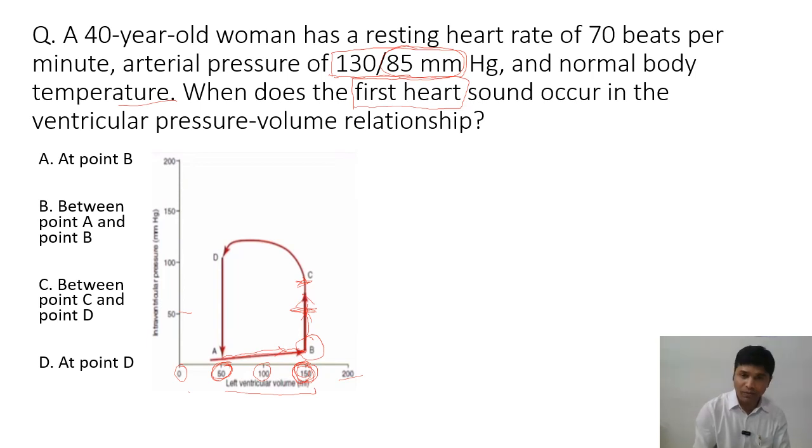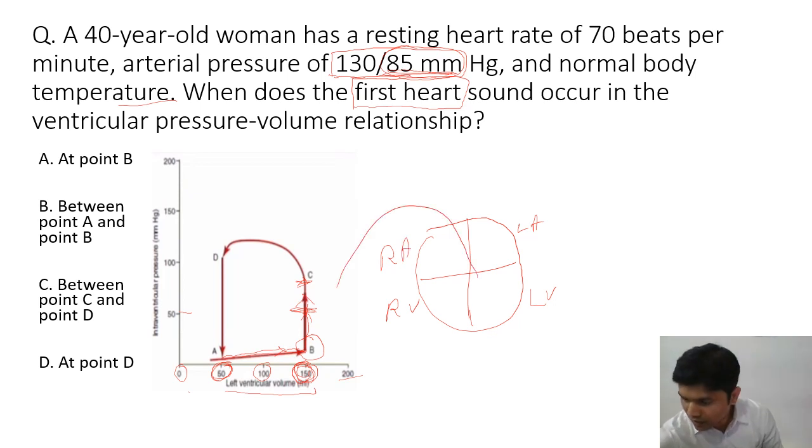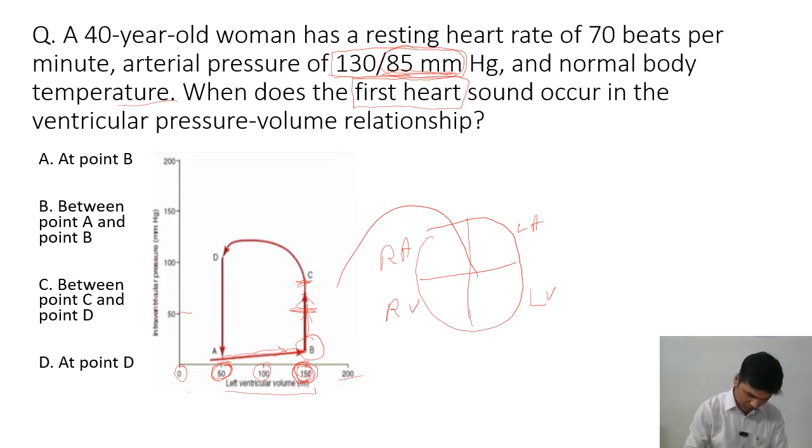And when the ventricle contracts, blood will go to the aorta only when pressure is more than this 85 millimeter mercury. Suppose this is our heart, four chambers: the left ventricle, right ventricle, left atrium, right atrium, and here suppose this is the aorta.